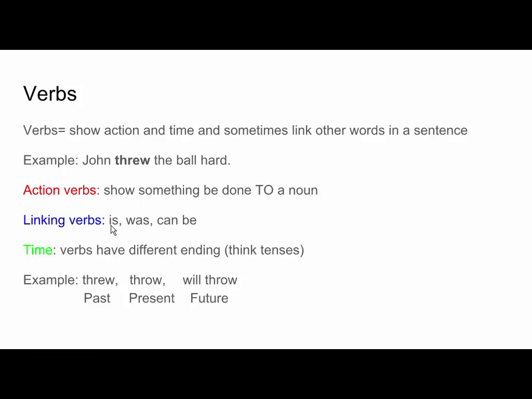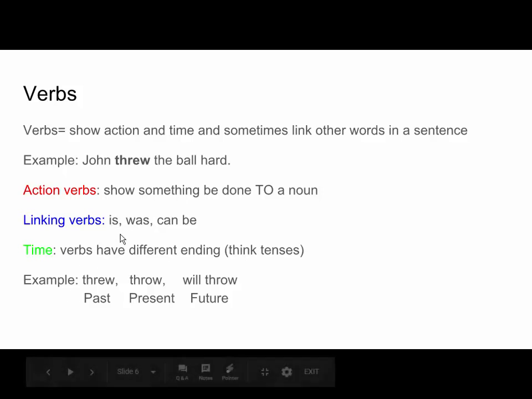Linking verbs are verbs like is, was, can be. They combine or bridge the gap. They link between other words in the sentence. Okay. And another way of telling a verb is looking at the ending. It can be tenses. So if I was going to throw the ball, that's one tense.